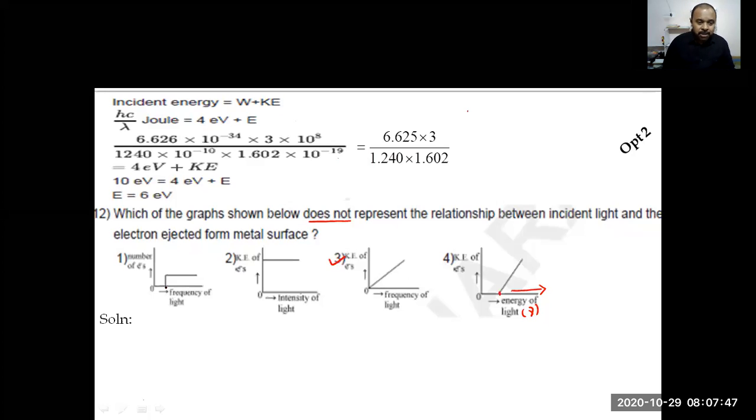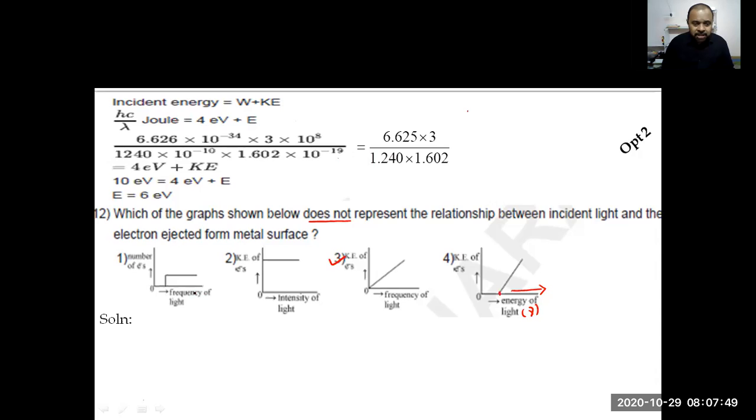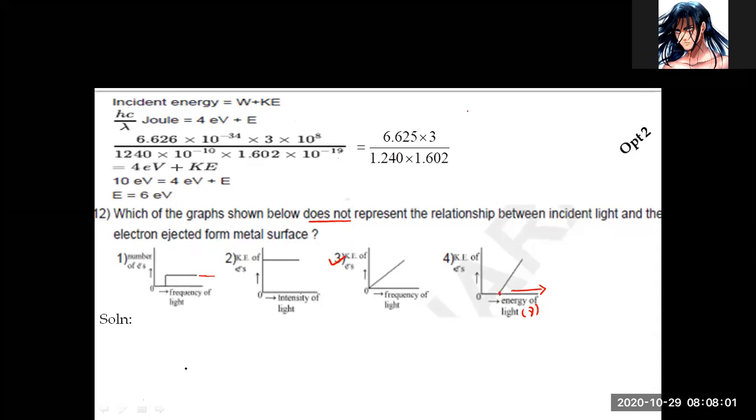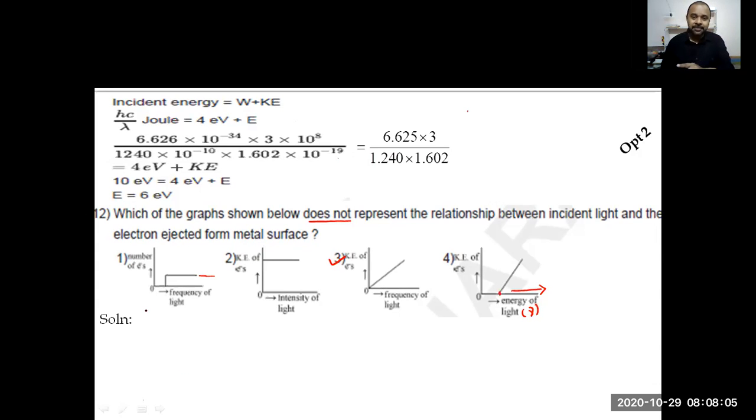So when frequency increases, the number of electrons ejected remains constant. That's why the graph is parallel to the x-axis. Then why is there a hike in the beginning? That is only for those electrons ejected which match the threshold frequency. So graph 1 is correct, because the number of electrons ejected doesn't depend on frequency. If frequency increases, the number doesn't increase, only the kinetic energy increases.